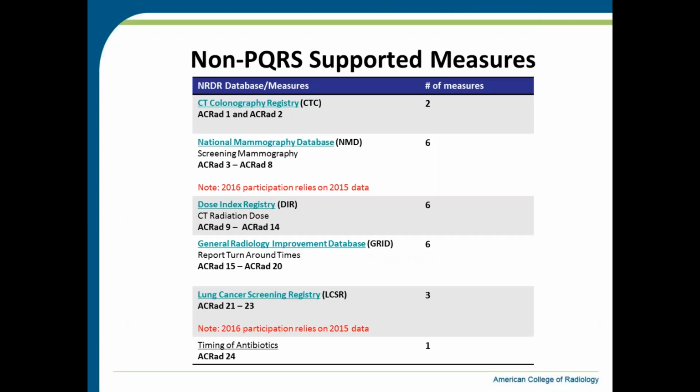This slide gives you a breakdown. I covered a lot. We have over 5 registries. It gives you a breakdown of which measures are available for each registry. CTC colonography 2, I'm not going to read the whole slide to you.